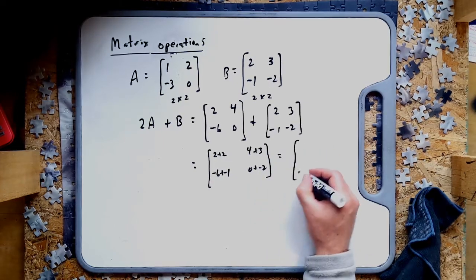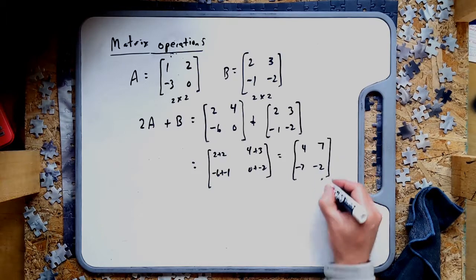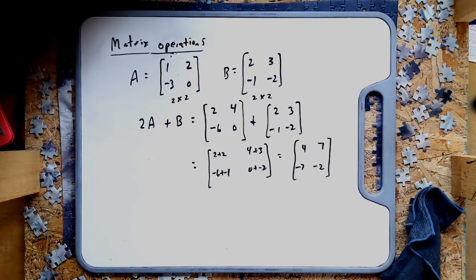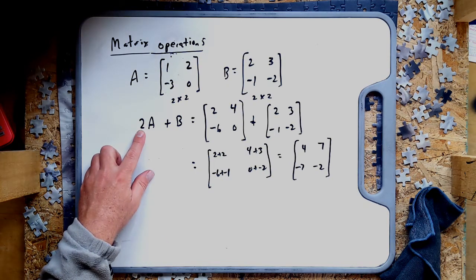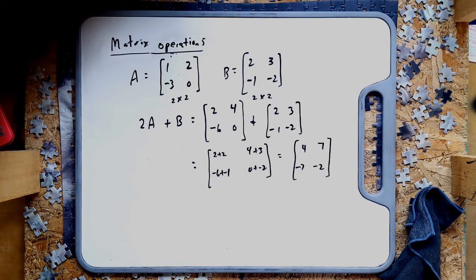Or, in other words, 4, 7, negative 7, negative 2. All right, that's addition and scalar multiplication. Again, scalar multiplication, you just distribute the number through. Addition or subtraction, you just add or subtract the corresponding elements.